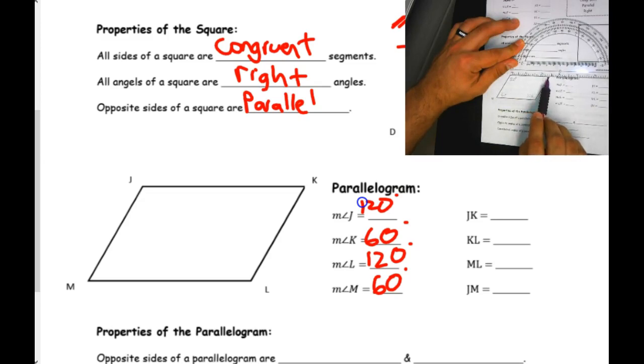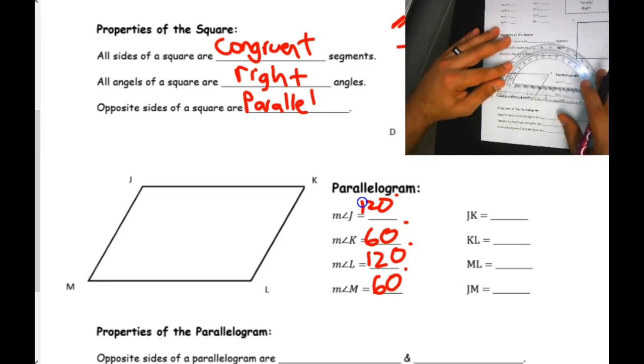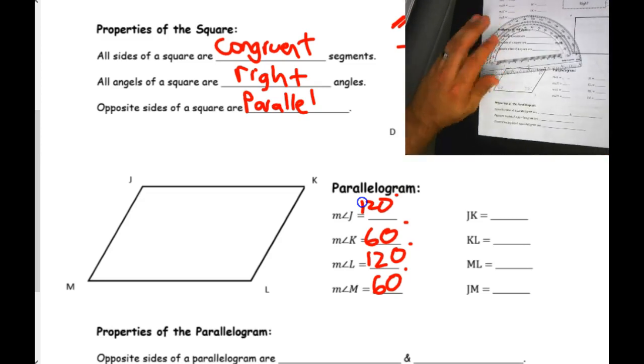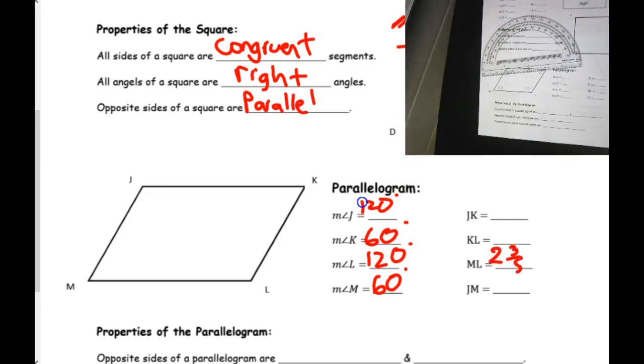But this is about 2 3/8. Okay, each of these, the second biggest little lines here. So 2 3/8 is for JK. And then ML actually matches 2 3/8. So let's write that down. And I'm going to be using little fractions. 2 3/8 for JK and for ML.